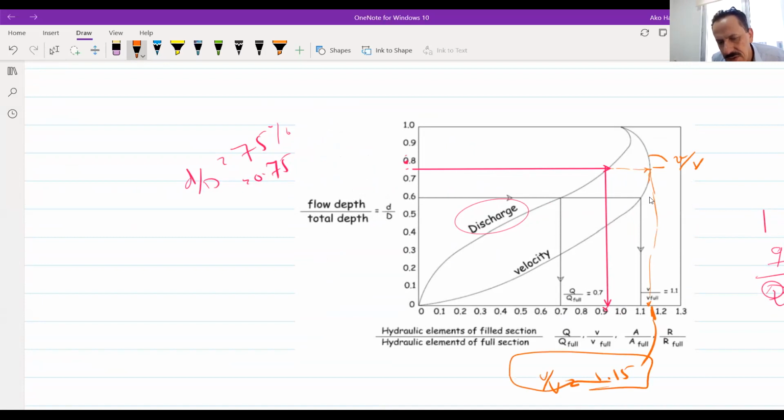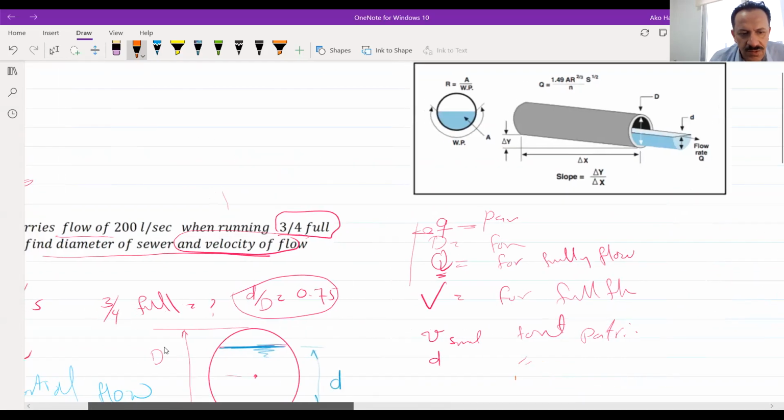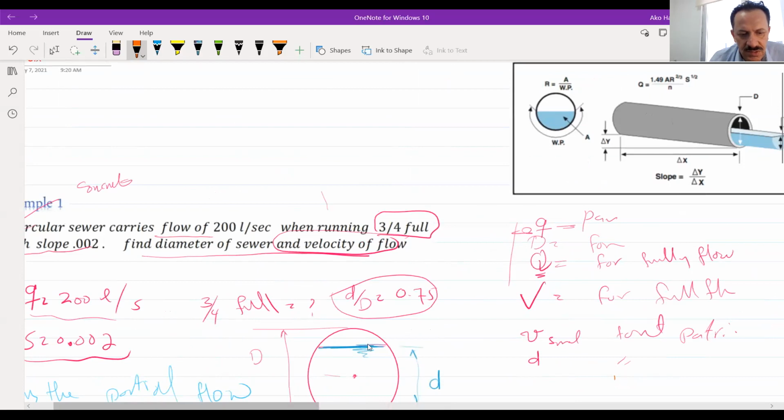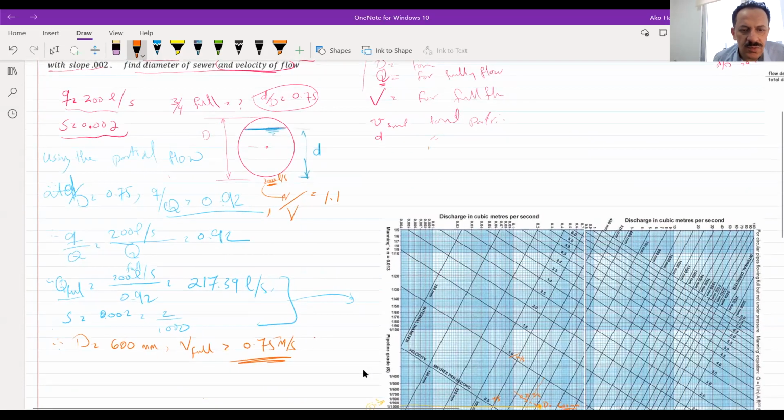And what is the unit? Without units, because it's a division between v and V. So the velocity in this case will be more than the V full, by 1.15. So here we have 1.15.